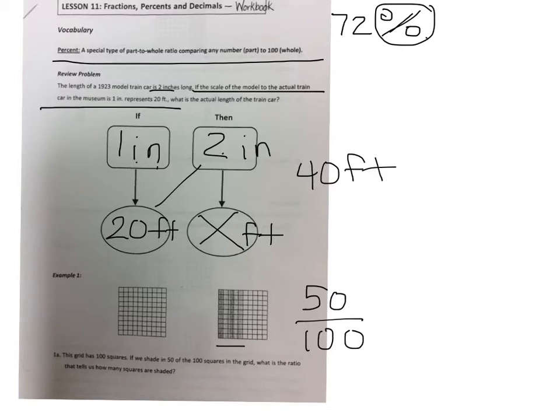So there we have a ratio. Definitely looks like a fraction, doesn't it? And so our ratios are going to be our fractions. If we were told to reduce it, I could divide the top and bottom by 50. So 50 goes into 50 once and into 100 twice. If we're not told to reduce, it's going to be fine, unless it does say put it in simplest form. So otherwise 50 out of 100 for now is okay.